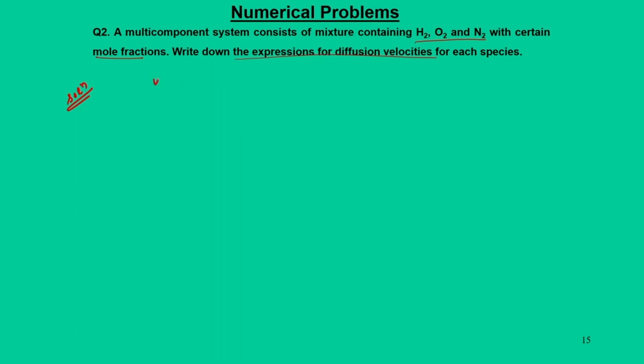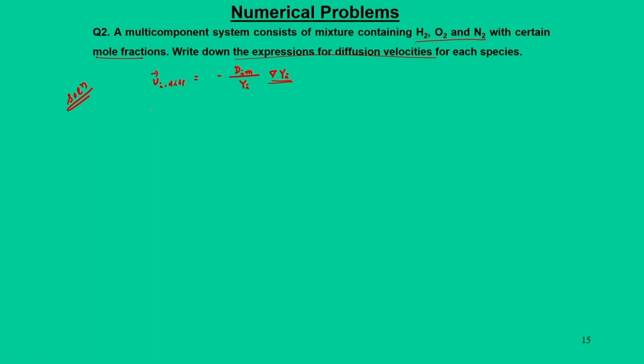One is V i diffusion, mainly with respect to concentrations. We write minus D im divided by Y i, gradient of Y i. Y i is the mole fraction, and the gradient of Y talks about the concentration gradient.